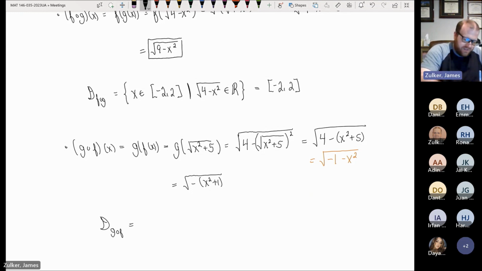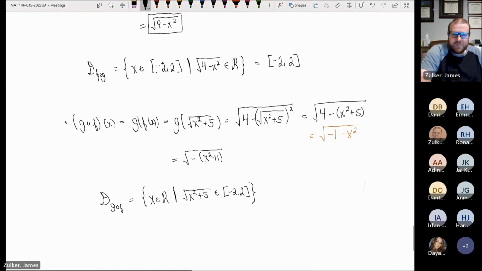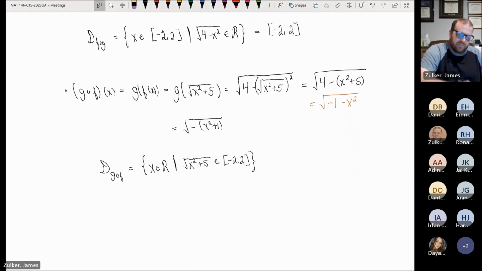The domain is a set of real numbers such that the square root of x squared plus 5 is between -2 and +2. Let's do some math.